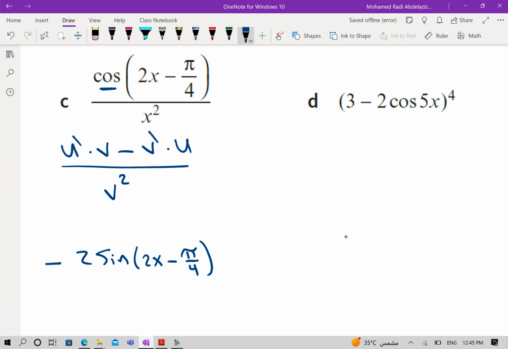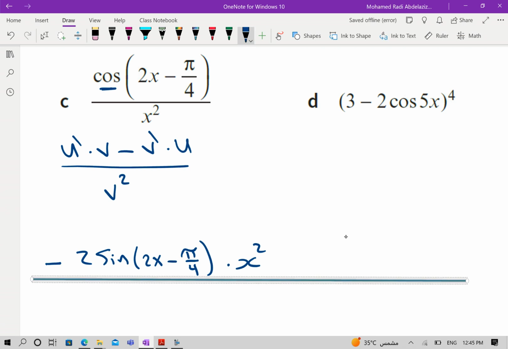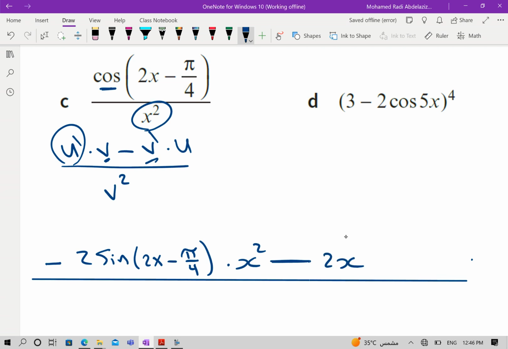Differentiation of the first, multiplied by x squared, minus the v dash, which is 2x, multiplied by cosine 2x minus pi over 4, all divided by x to the power of 4.